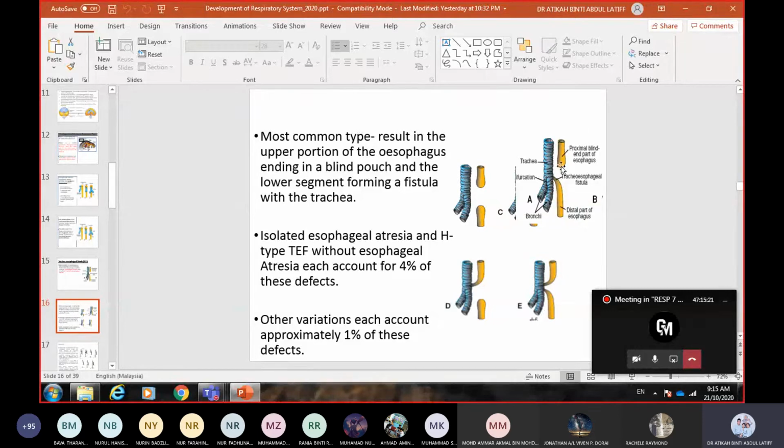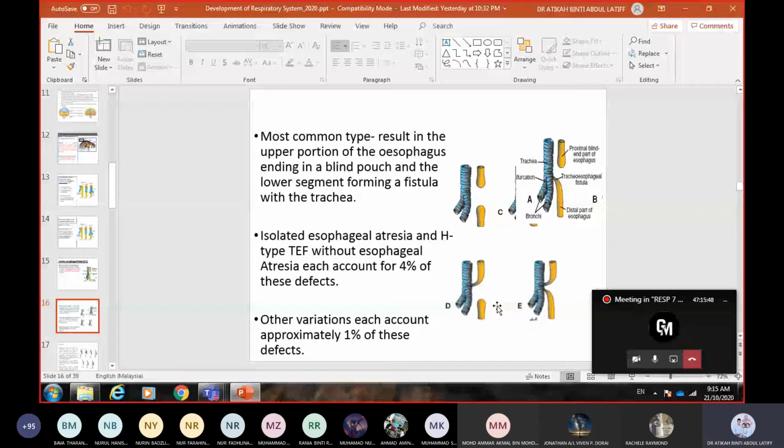So what can happen? In these two examples, if the baby ingests food, it will go inside the esophagus but cannot come down. So they get projectile vomiting of milk, because anything that comes in goes right back out, since there's no continuation of the esophagus, in this picture and this picture.